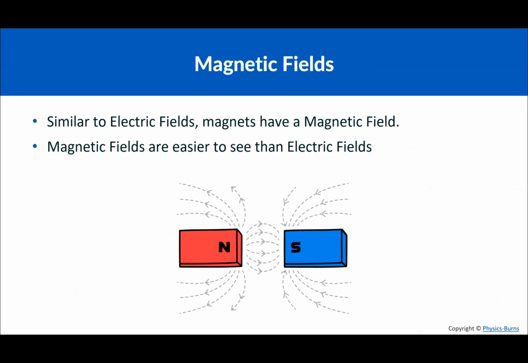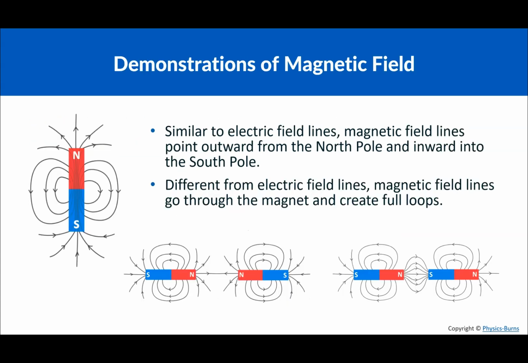Similar to electric fields, magnets have a magnetic field. Magnetic fields are easier to see than electric fields, and you might have already seen them. Similar to electric field lines, the magnetic field lines point outward from the North Pole and inward into the South Pole. Different from electric field lines, magnetic field lines go through the magnet and create full loops.